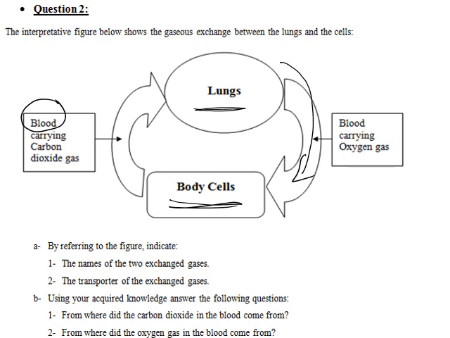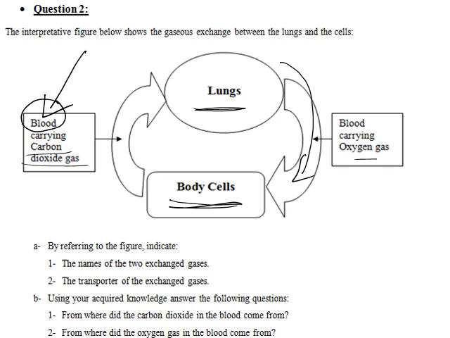A. By referring to the figure, indicate the name of two exchange gases. These are carbon dioxide and oxygen. The transporter of the exchange gases, sure, they are transported by the blood.